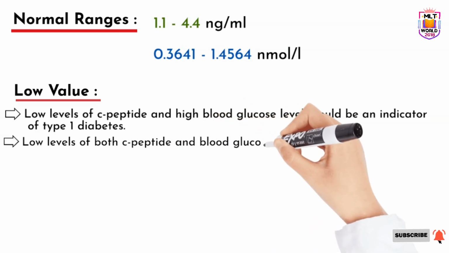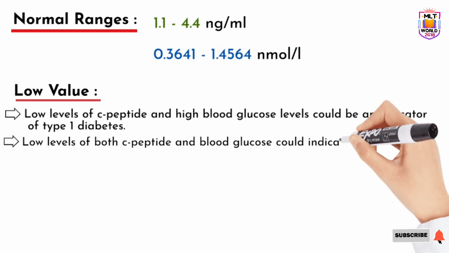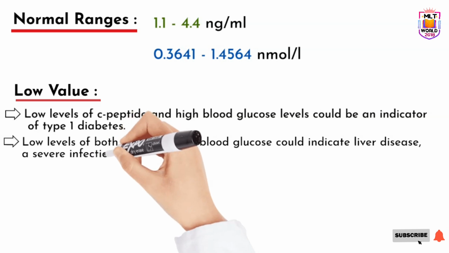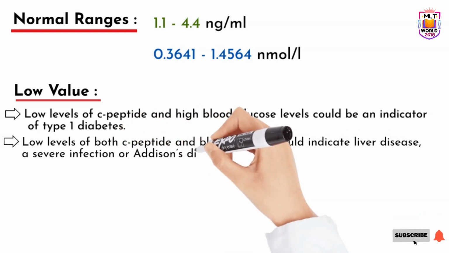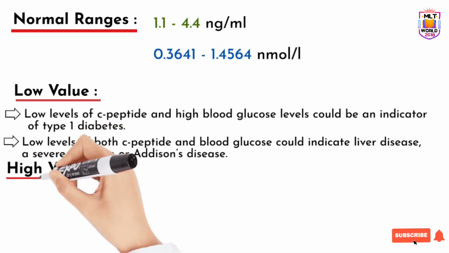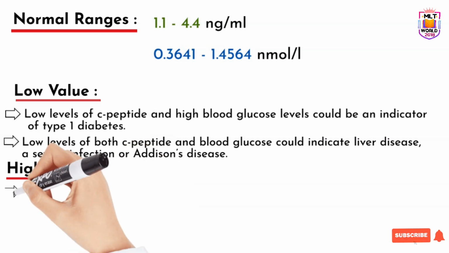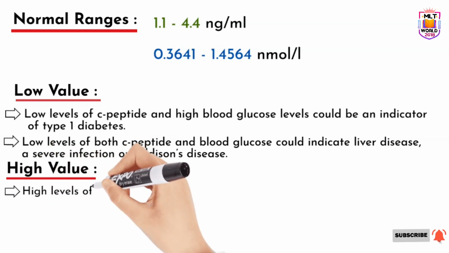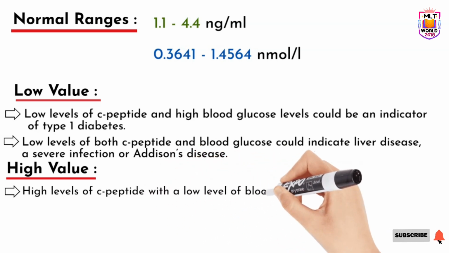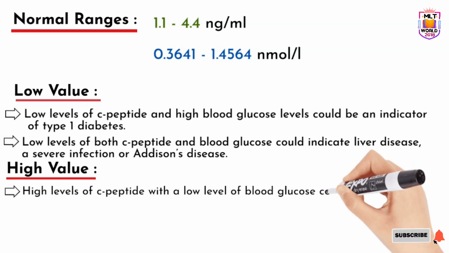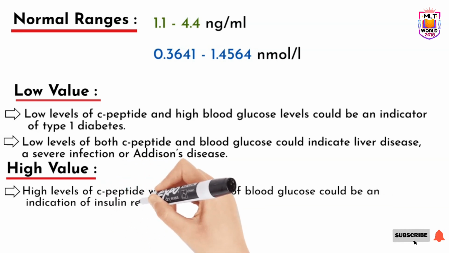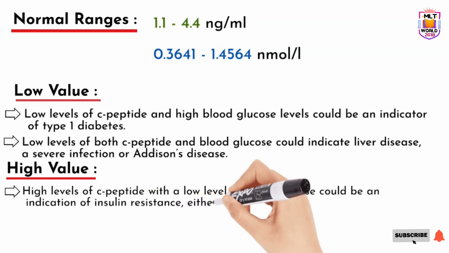But if low level of C peptide and low level of blood glucose, it will indicate liver disease, any severe infection or Addison disease. In this condition, the C peptide level will be low. If the result comes high, means more than 4.4 or 1.4564, and glucose level is high, it will indicate either type 2 diabetes or Cushing syndrome or insulin resistance.